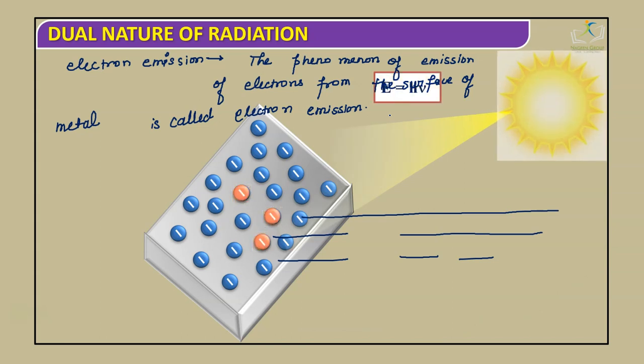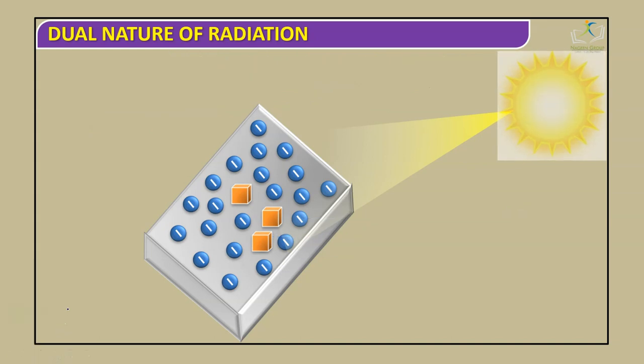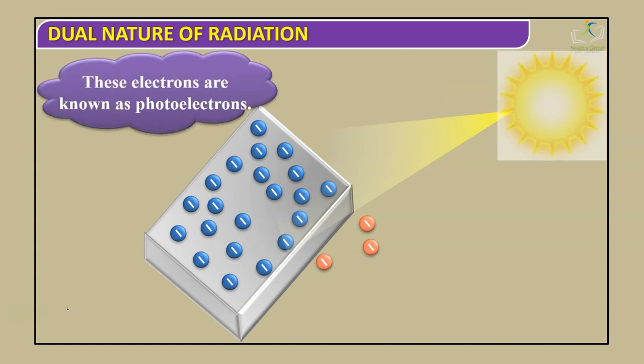So this is the light, and these are the photons, which are in the form of light energy, consisting of energy E equals h nu. Because of that, electrons start to emit. These electrons are called photoelectrons.